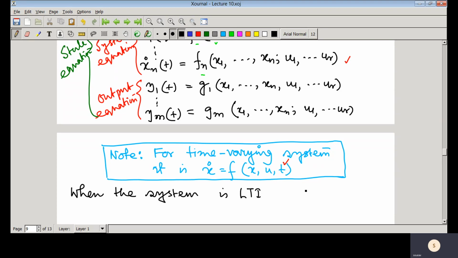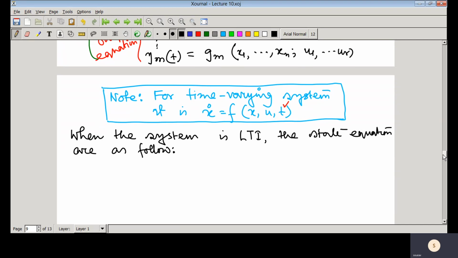The state equations are as follows. If it is a linear time invariant case, we can represent the state equation and output equation in matrix form. That is x dot t equal to A x t. This is the standard form. You should remember these things always. And you have the initial condition.